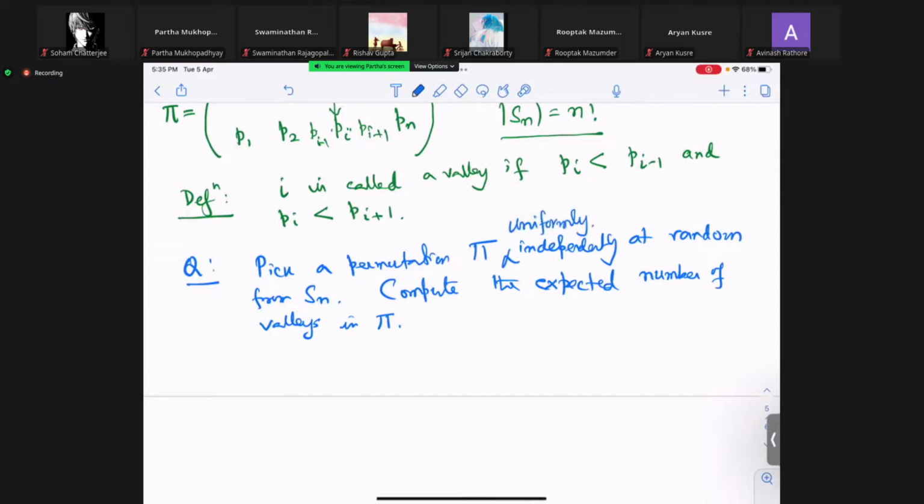How do you attack this question? Let's just try. Step by step, how do you attack it? Let's say using our notion of the probability that we have just learned.